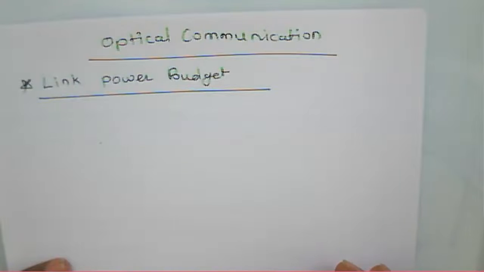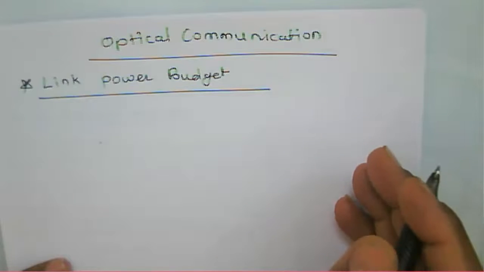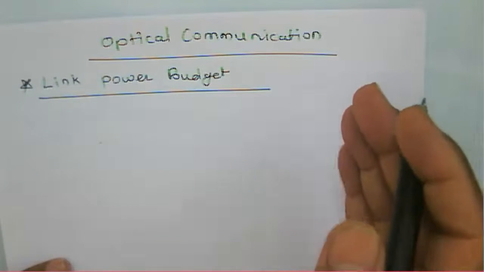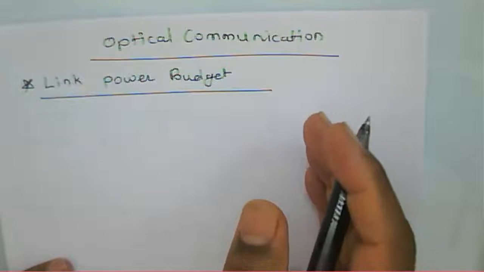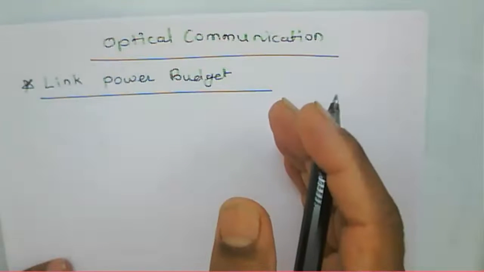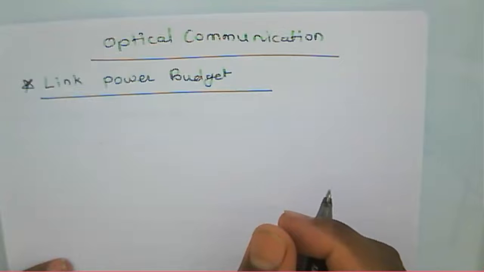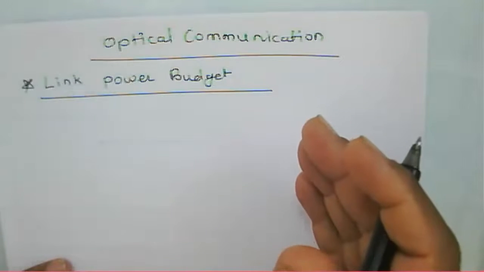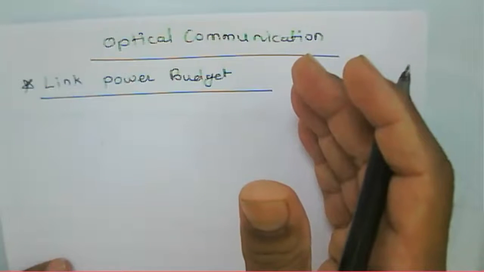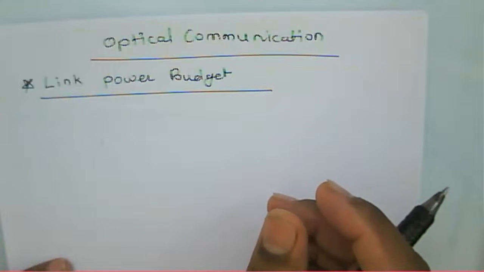Before understanding the link power budget, we need to know the minimum received power level at the receiver, that is, the optical power received at the photodetector, so that we can find out the total loss occurred in the point-to-point link in an optical fiber communication.